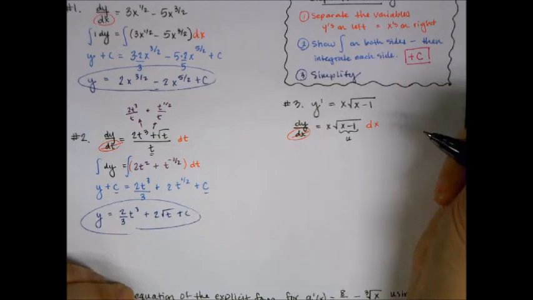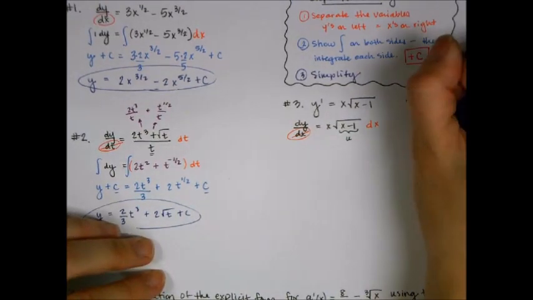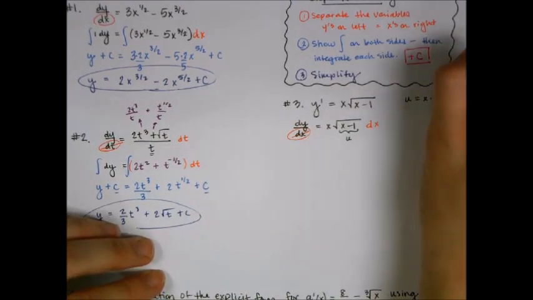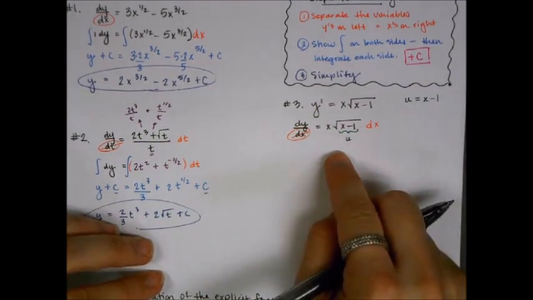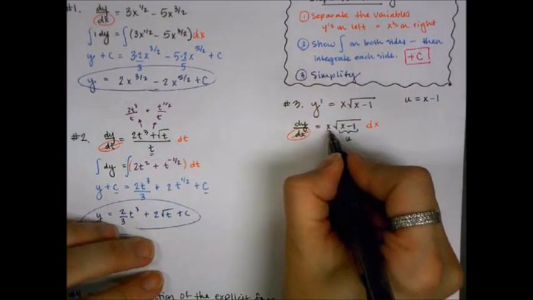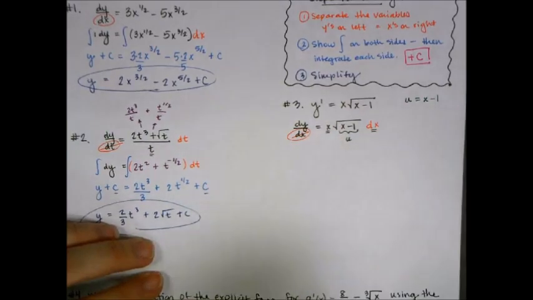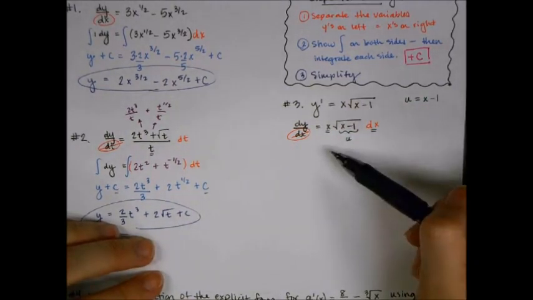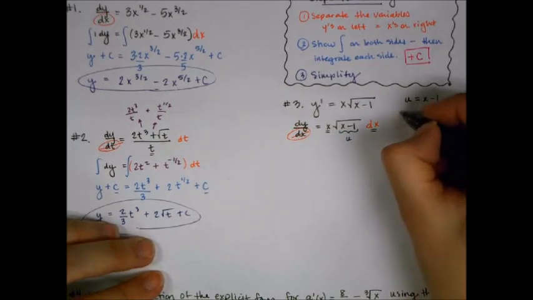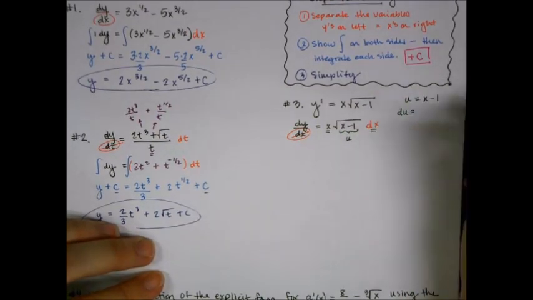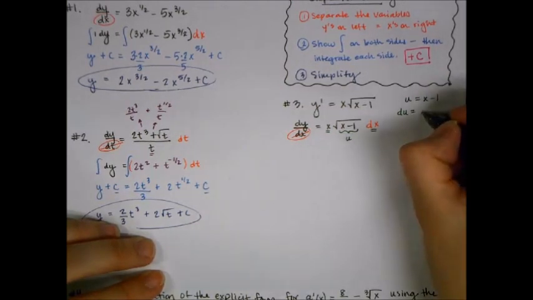Now that only takes care of the stuff under the radical. I still have the leftovers to worry about. So I find what will replace the leftovers by taking the derivative here. So du, well, that would just be 1 for x minus 0, and then dx, 1 dx, or just dx.